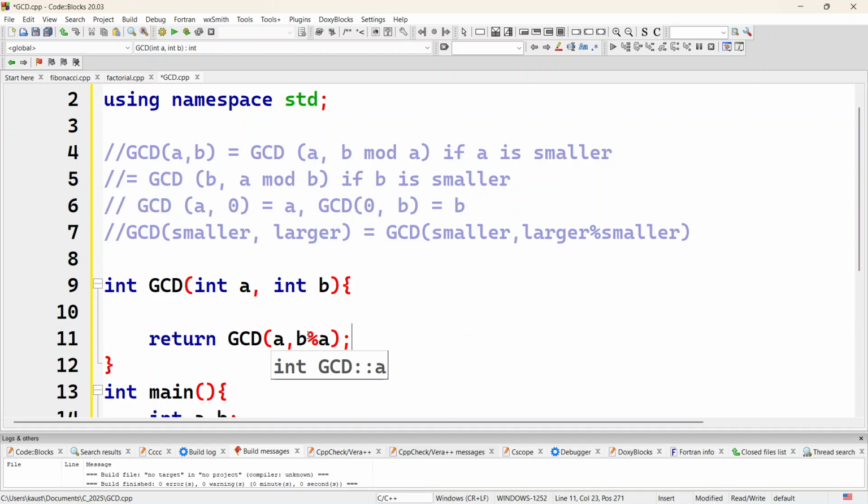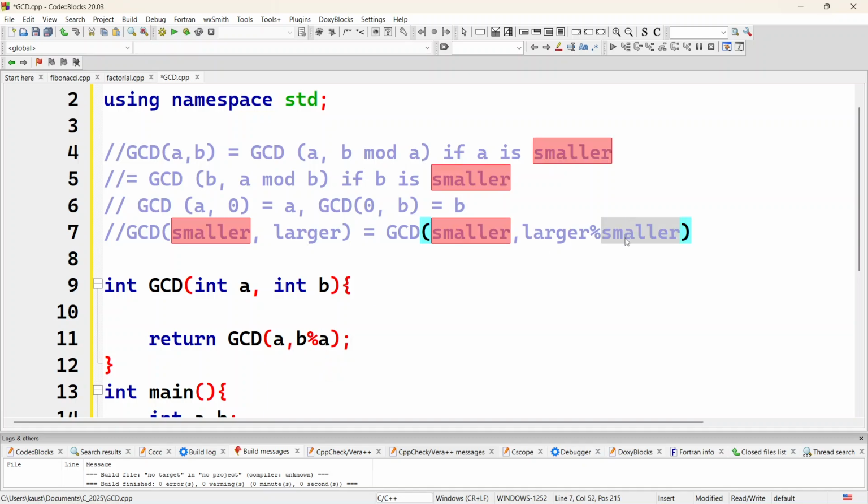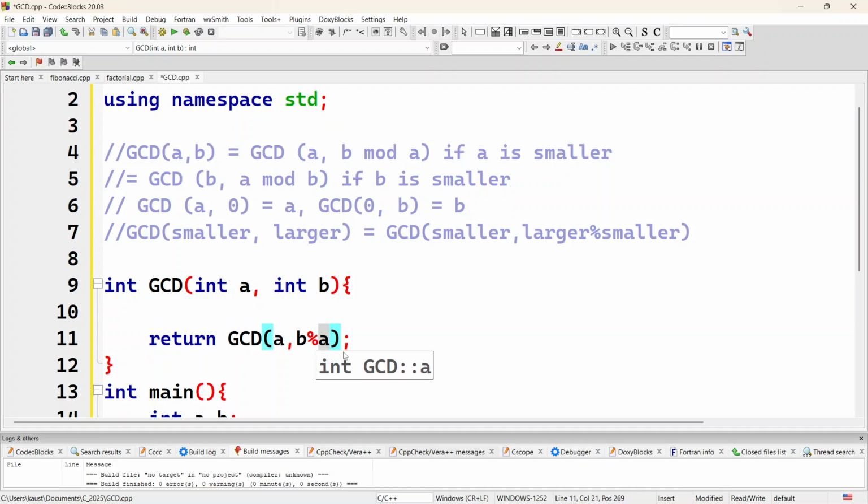The smaller one will always be the modulus, right? Because I'm dividing by the smaller, the remainder will always have to be less than A, right? So therefore it should be like this. Got it?